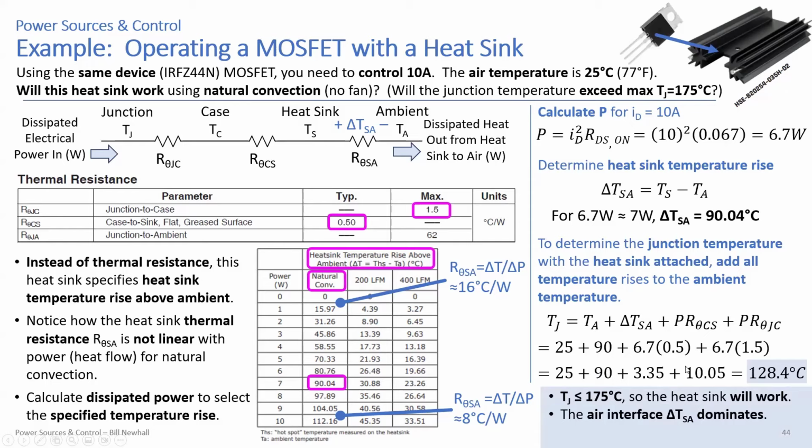It's not the device thermal resistance itself. But if you look at the heat sink temperature rises here, when you have forced air, those are considerably lower than natural convection, right? So a fan would allow higher power to be dissipated by this heat sink without exceeding the maximum junction temperature.